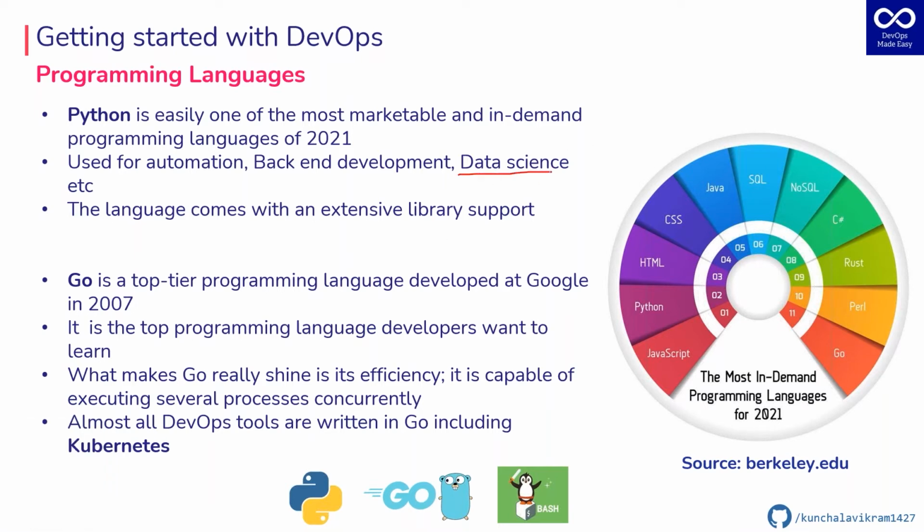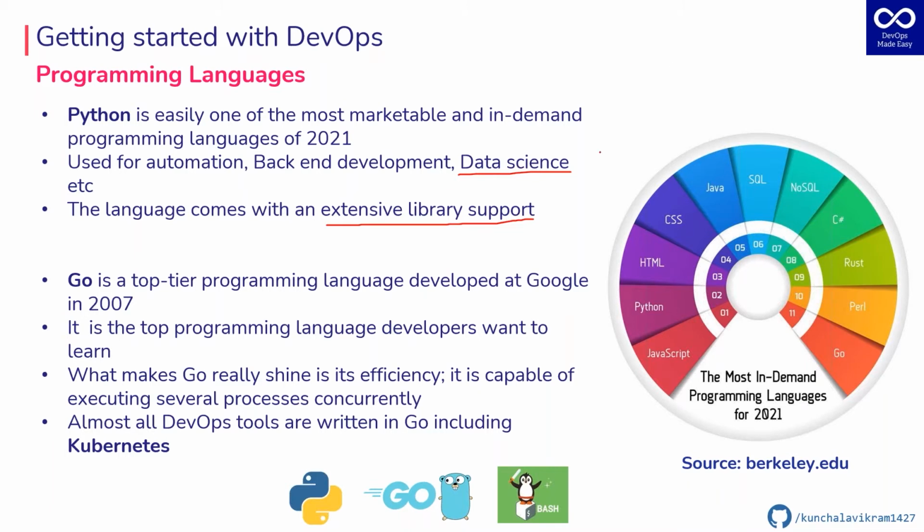And we all know that Python is the core language for data science. The important advantage with Python is that it has extensive library support. That means for almost every use case, we have a Python library or module built.